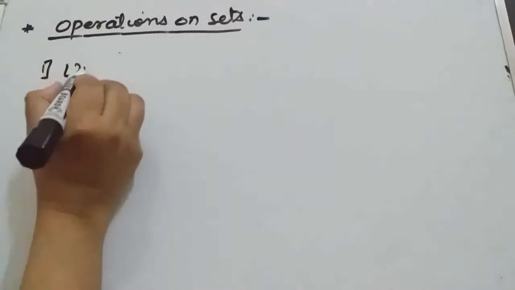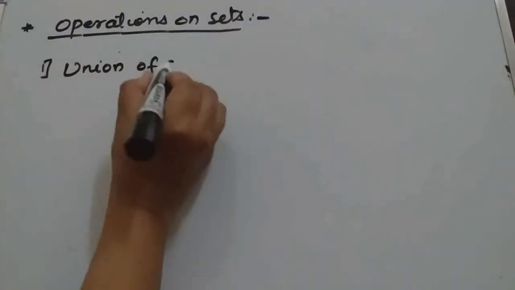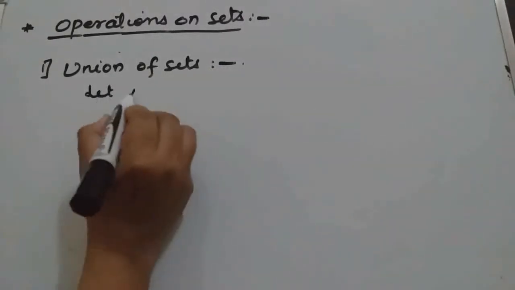Operations on sets. The first operation is the union of sets. Suppose A and B are two sets.